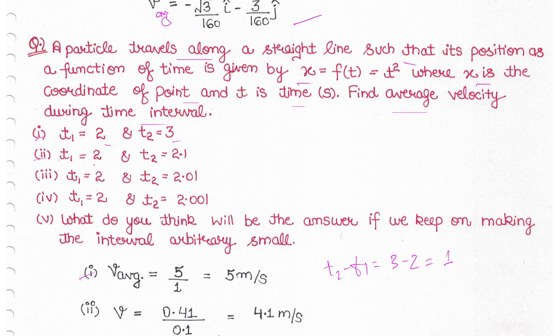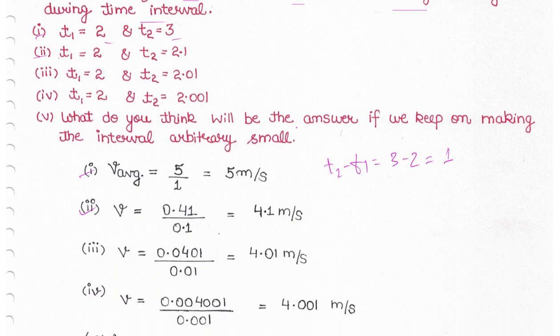For time t1 = 2 and t2 = 2.1, you can write v = 0.41 by 0.1, or 4.1 meter per second. For t1 = 2 and t2 = 2.01, you can write v = 0.0401 by 0.01, which is 4.01 meter per second.